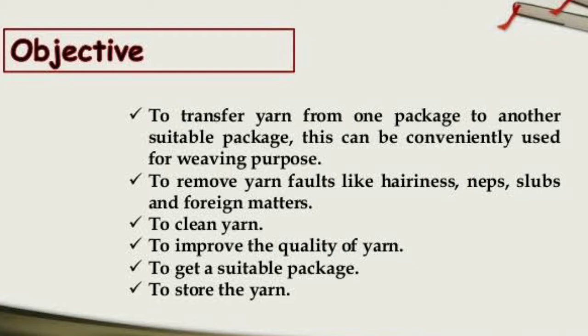Finally, once the package is ready to dispatch, we need to give some conditioning to this package, because to improve the quality of the yarn we need to condition it. So how is it done? Basically we give a moisture of 7 to 8% by conditioning, so the yarn gains some weight. This is all about the spinning process, starting from loom to winding section, that I briefly explained to you.